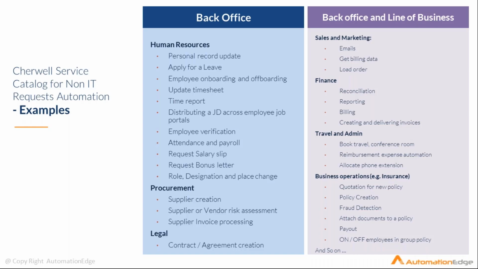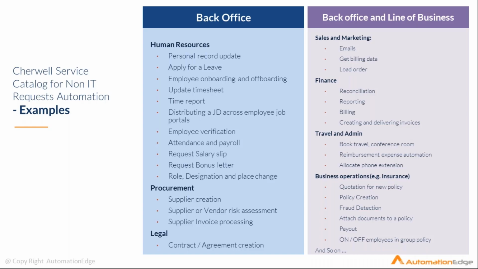At quarter end or year end, there is a rush to load these orders, and it creates a lot of backlog and impact. In the finance department, it may be about delivering invoices or reconciliation, or in travel and admin, it may be about automating conference room booking, or applying for expenses and reimbursement of expenses.